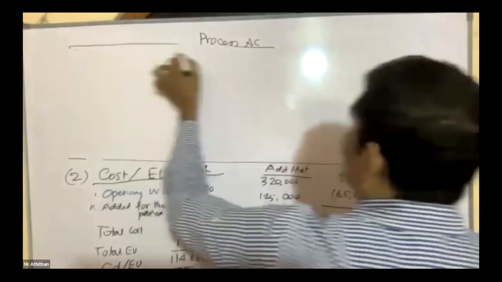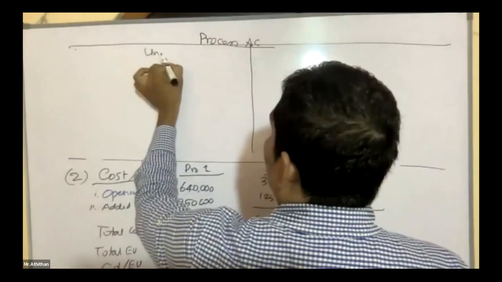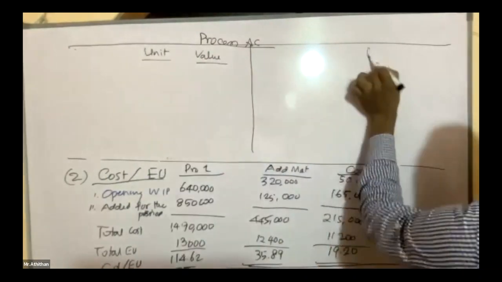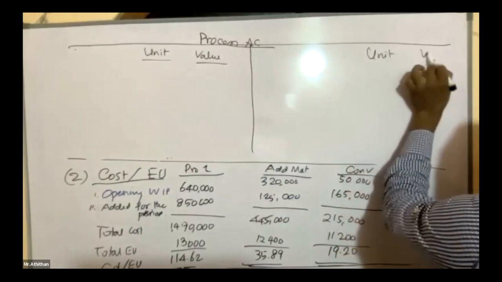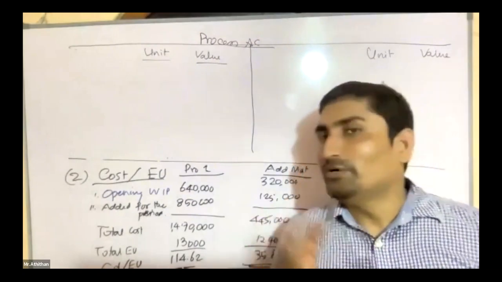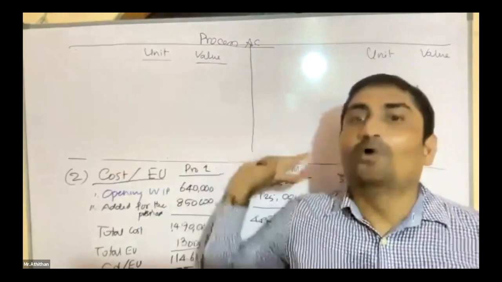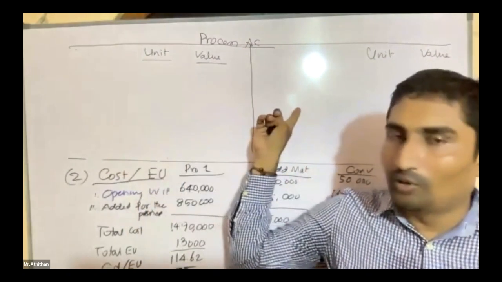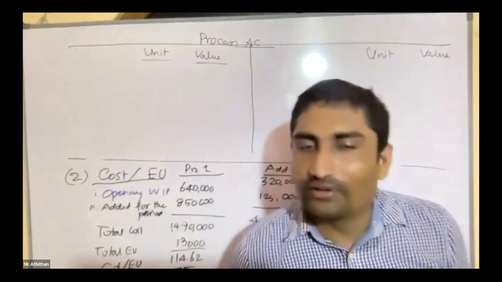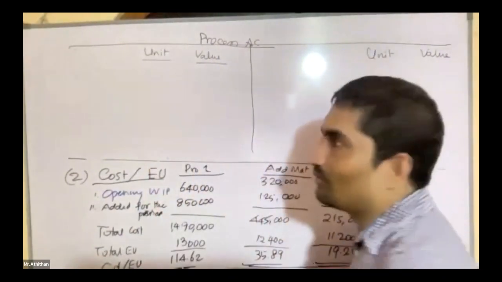Unit, value or cost. Right? Here, we need to understand something. Finished good and output only, we are going to have the output. We are not going to separate opening, finished, and fully completed, right? So simply we are going to accumulate what is important.